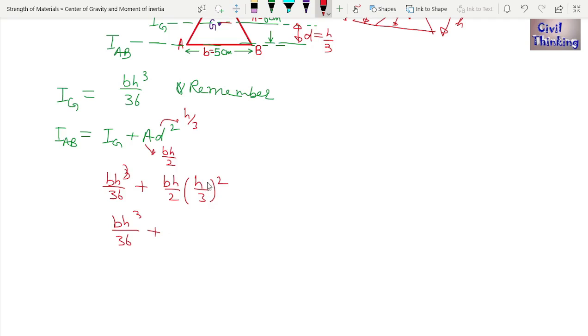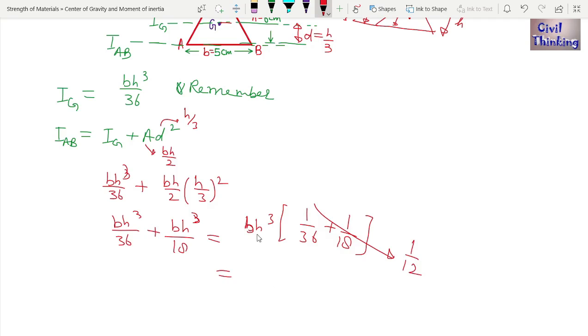Now it is H square, and this is H, so H square multiplied by H is H cube, BH cube divided by, 3 square is 9, 9 times 2 is 18. Now I will put BH cube in common. It is 1 by 36 plus 1 upon 18. When you simplify this, you will get 1 upon 12.